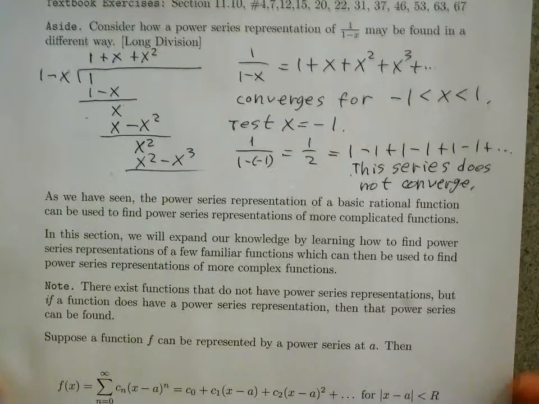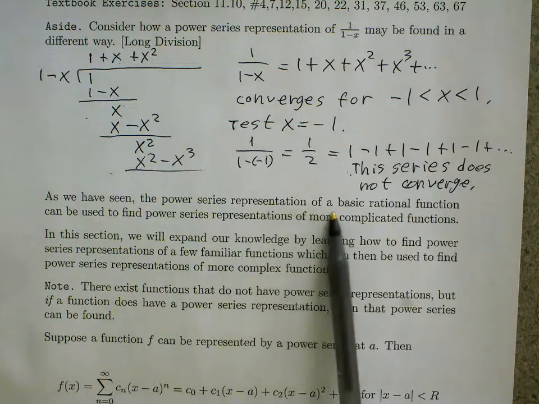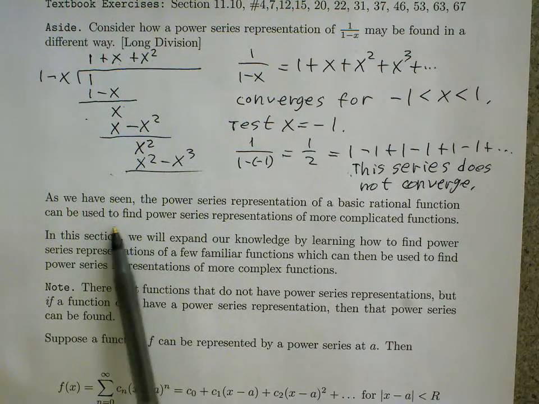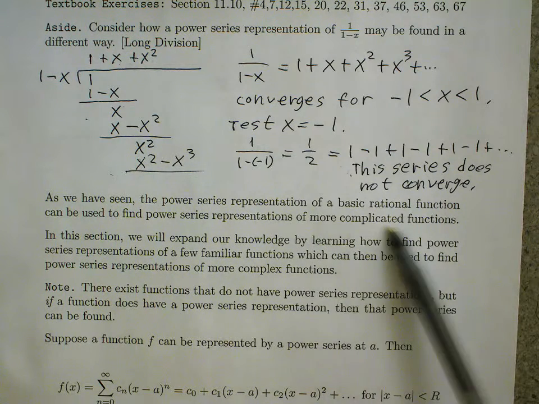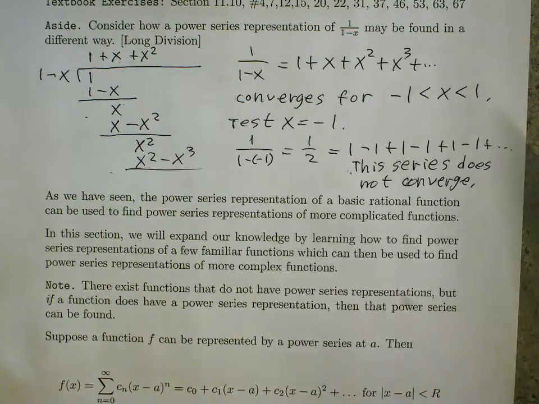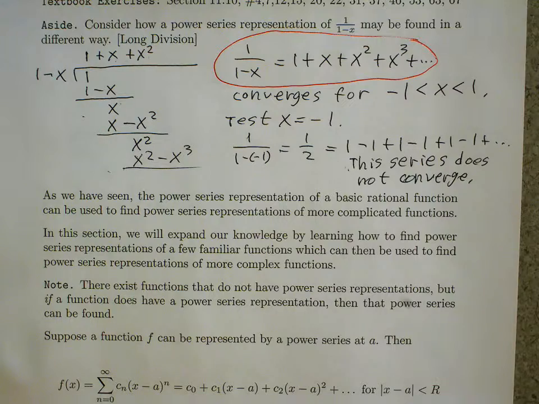Anyway, that's just another way to think of finding a series for a rational expression. Okay, moving on. As we have seen, the power series representation of a basic rational function can be used to find power series representations of more complicated functions. This was basically the main one that we used.